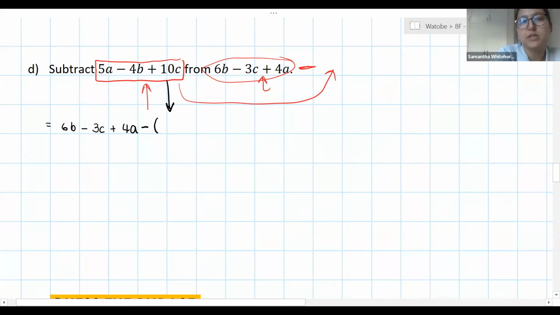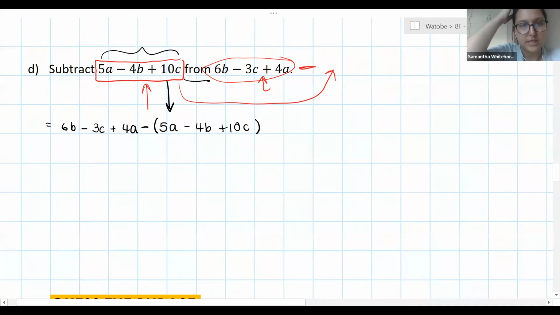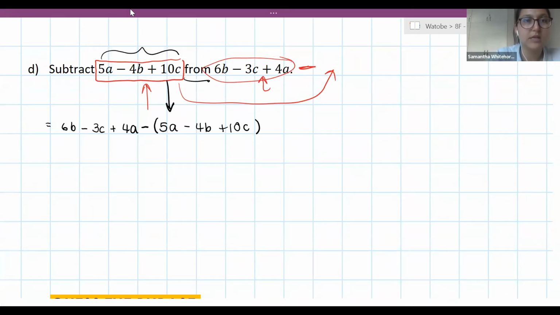Now, importantly, because there's 3 terms here, I'm going to put brackets here because I'm going to have to distribute this negative into the bracket. So I'm going to subtract the 5a minus 4b plus 10c from the 6b minus 3c plus 4a.